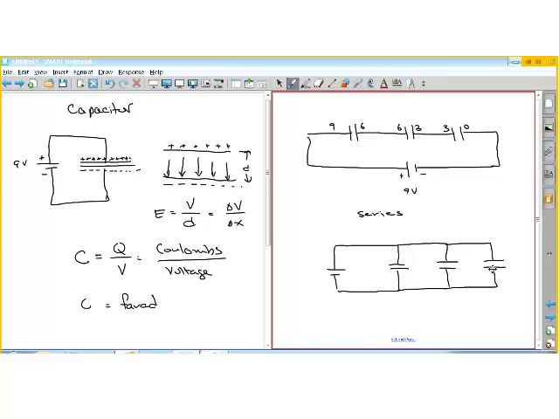In this case, this 9 volts, the battery is going to be applied across each capacitor. So you'll have 9 volts here and 0 volts there, 9 volts there and 0 volts there, 9 volts there and 0 volts there. So each capacitor has the same voltage applied to it. And so it's going to get the full effect of that voltage in terms of charging the capacitor.